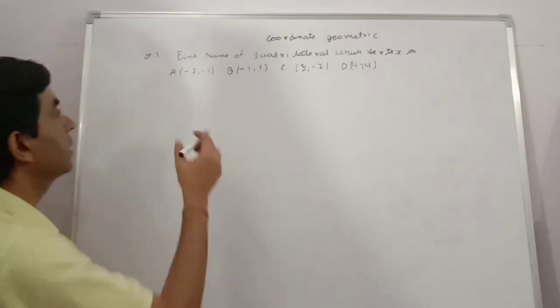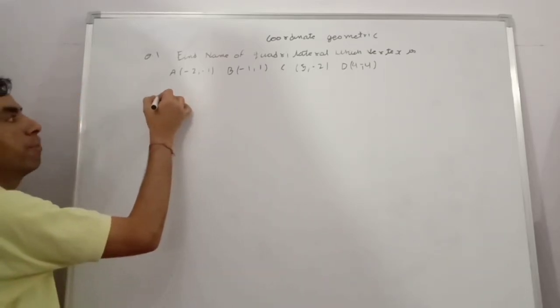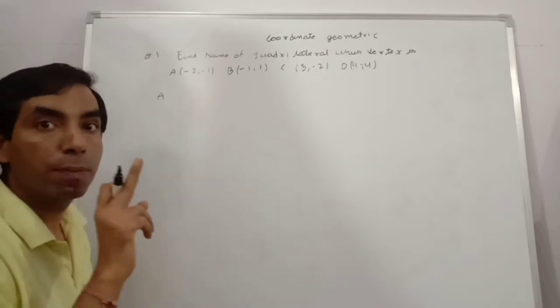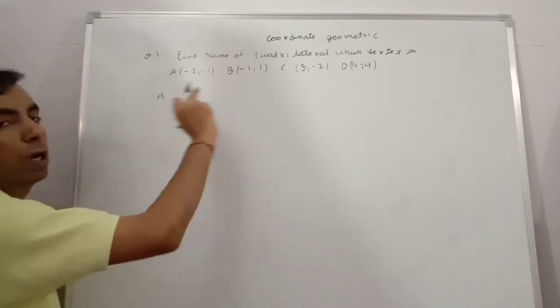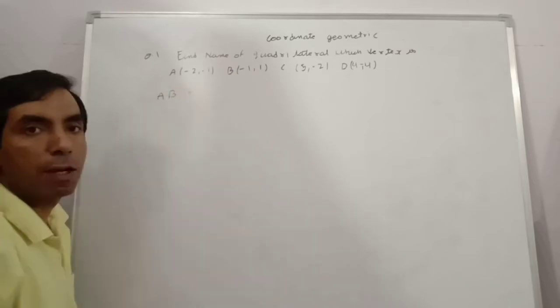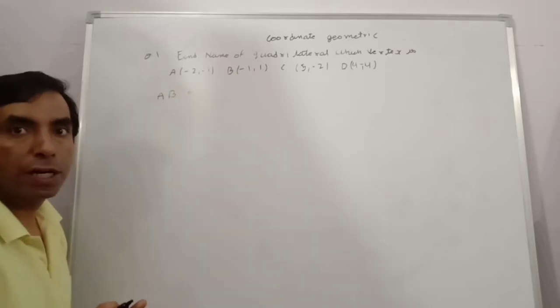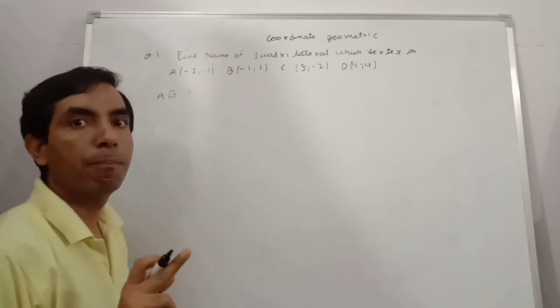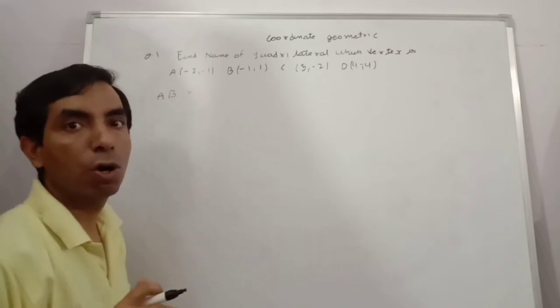First we find the distance from point A to all other points, meaning AB. The distance formula, which I already know, is the root of (x2 minus x1) whole square plus (y2 minus y1) whole square.